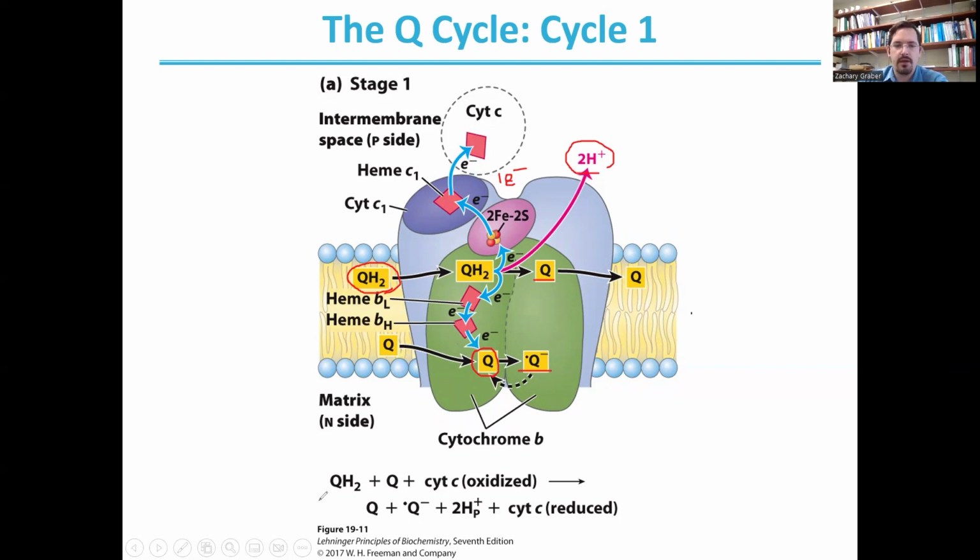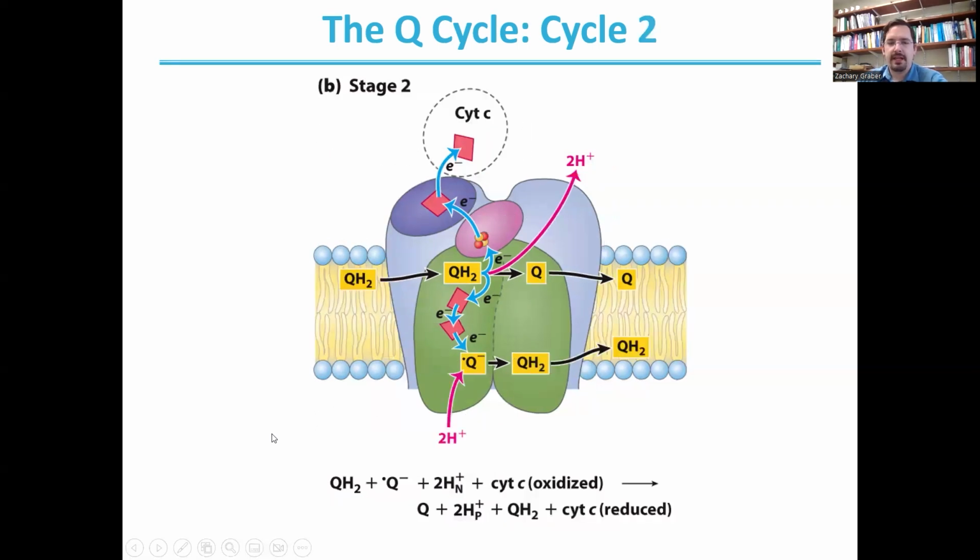So the overall reaction of our first step of the Q cycle is 1 reduced coenzyme Q is consumed, along with 1 oxidized coenzyme Q, and of course our oxidized cytochrome C. We produce our reduced cytochrome C, an oxidized coenzyme Q, and our partially oxidized coenzyme Q, as well as releasing those 2 protons from our ubiquinol into the intermembrane space.